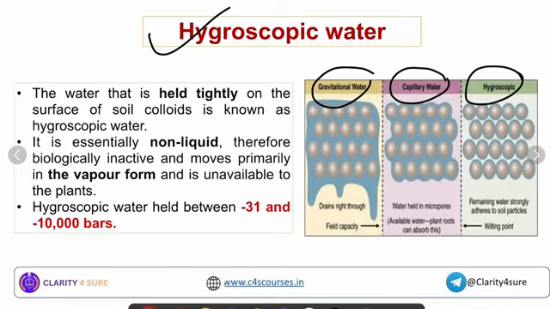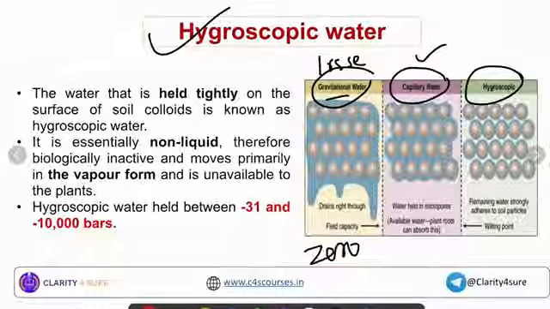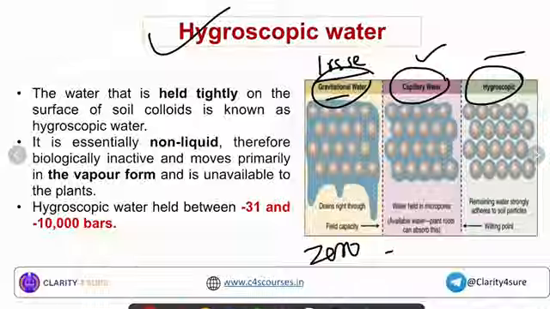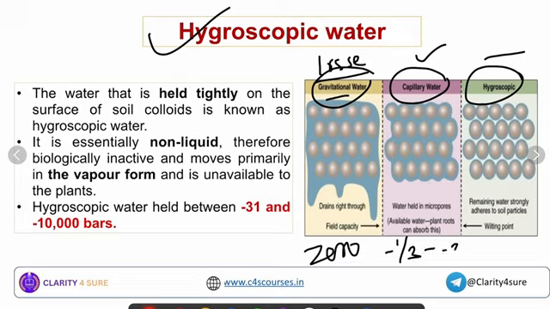We see gravitational is loosely held, as loose as zero pressure. Capillary is kind of medium. It is not that loose, not that tightly held by the soil particles. That is around minus 1 by 3 to minus 31. But again, the outer one is available and the inner one is not.